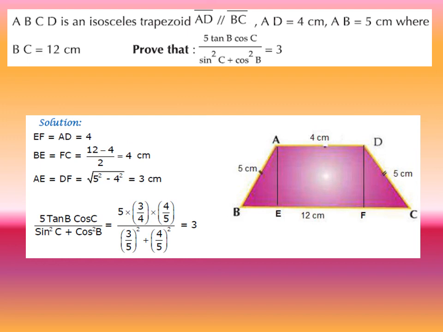And we can find the length of segment AE equals DF by Pythagoras theorem equals square root 5 squared minus 4 squared equals 3 centimeters. Now we can find the value of 5 tan B cosine C over sine squared C plus cosine squared B equals 5 times 3 over 4 times 4 over 5 over 3 over 5 all squared plus 4 over 5 all squared. The value equals 3.